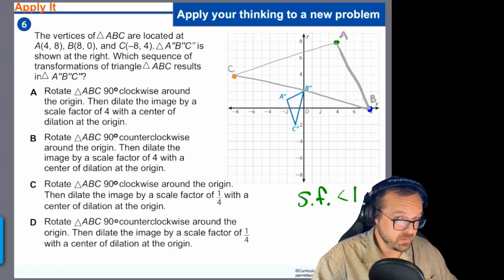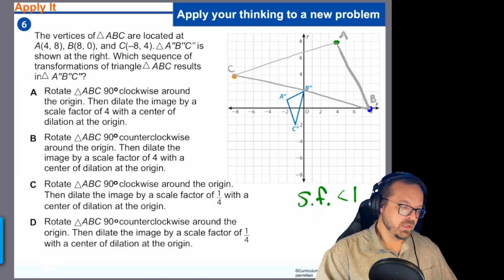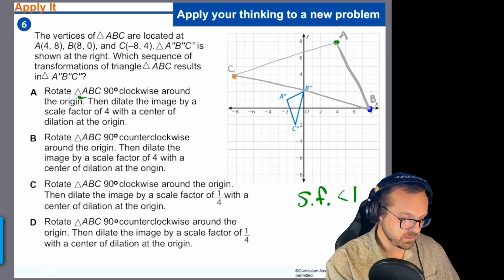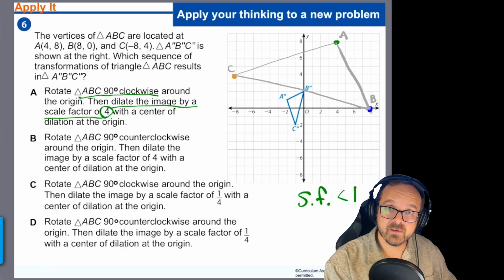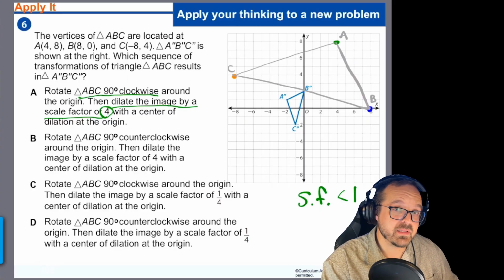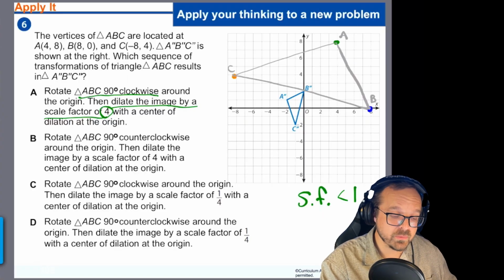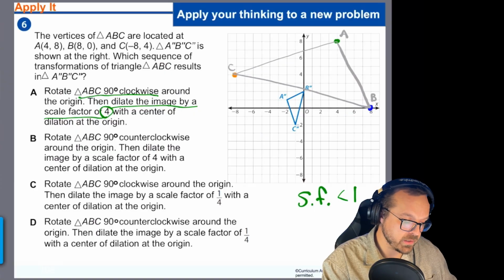All right, hopefully you've got a guess down. Don't cheat. It's not good for your brain. Our first one says to rotate 90 degrees clockwise and then dilate by a scale factor of 4. Well, that should have been our first red flag. A scale factor of 4 would make the image larger. But remember, we are going from the larger triangle to the smaller triangle here, so it should be a scale factor less than 1.